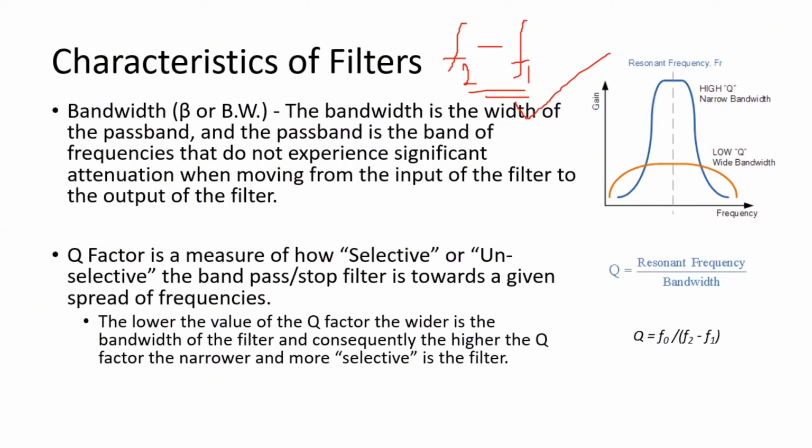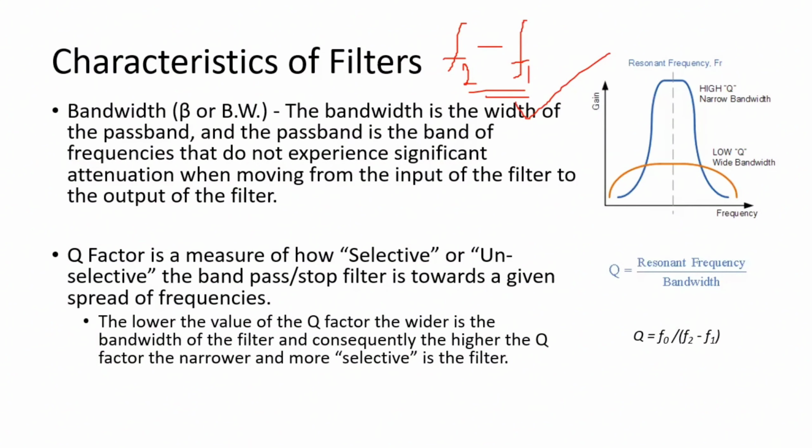The basic principle when selecting a band pass or band reject filter is, the lower the value of the Q factor, the wider the bandwidth. That's the main principle. So the higher Q factor means narrower bandwidth.